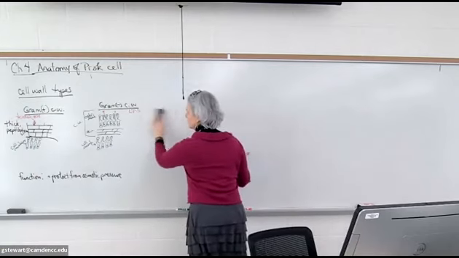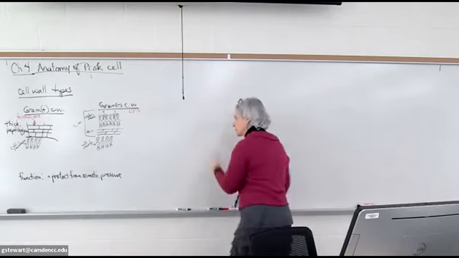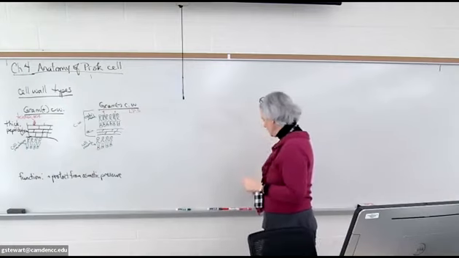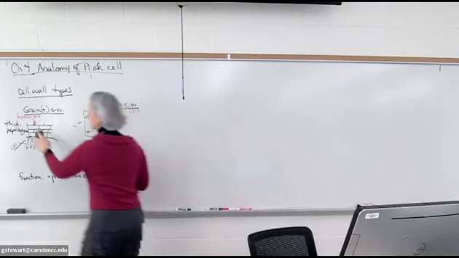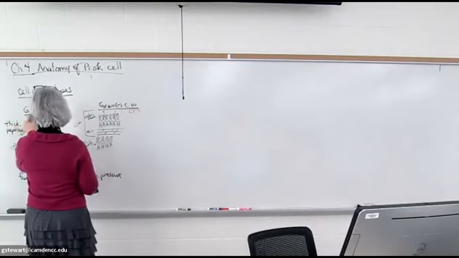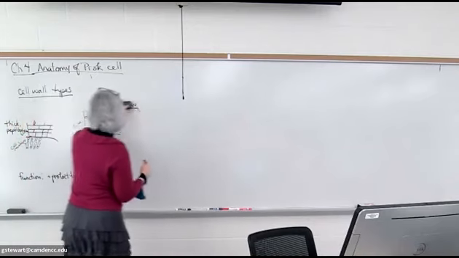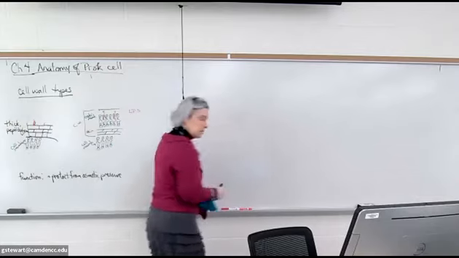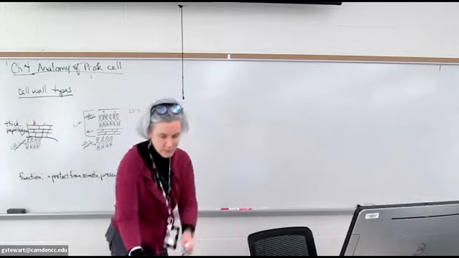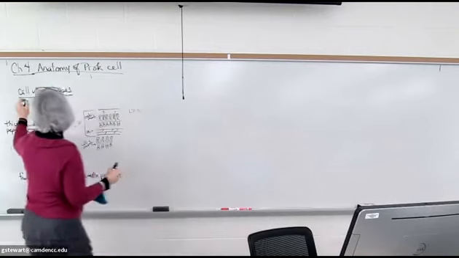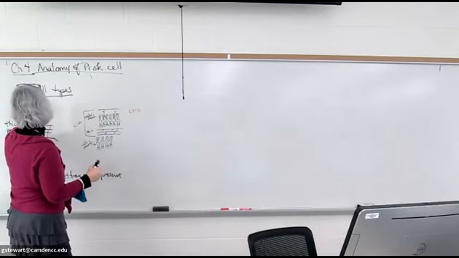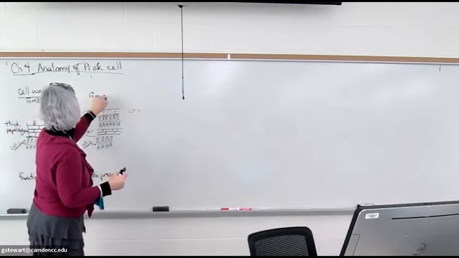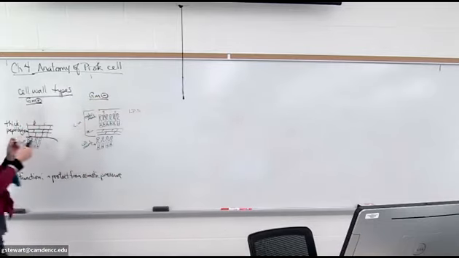Just leave the LPS sitting there, but I'm probably going to erase the teichoic acid because I'm going to use the purple and the pink for the stains, because the dyes are purple and pink. Right? Oh, I should have brought my brown. All right, so gram positive, gram negative. I need a little more space there.